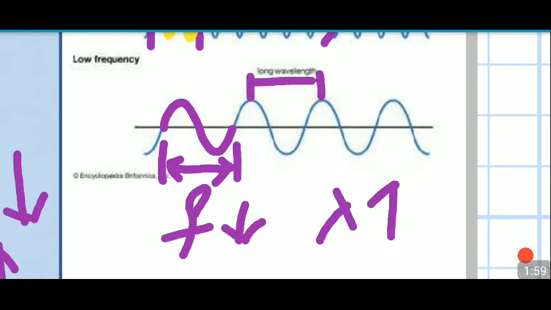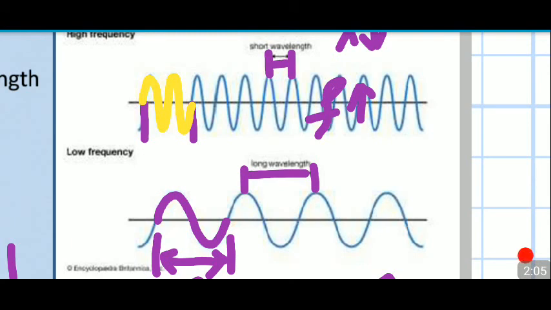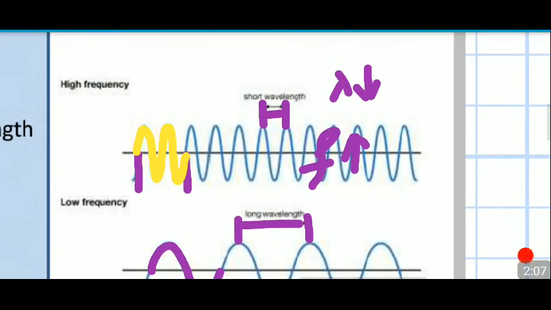Wavelength increases. Frequency reduces, wavelength increases. As wavelength reduces, frequency increases. This is the relationship between wavelength and frequency.